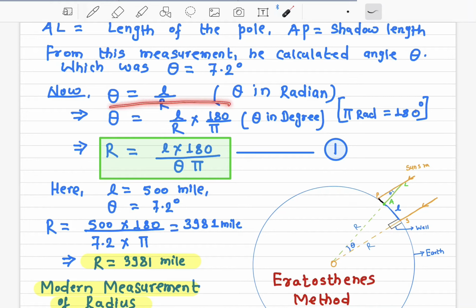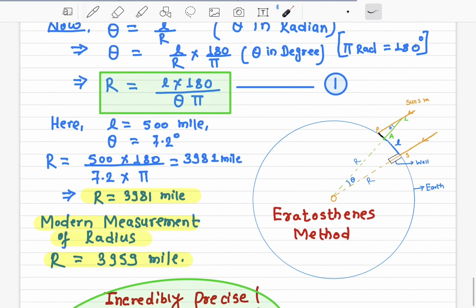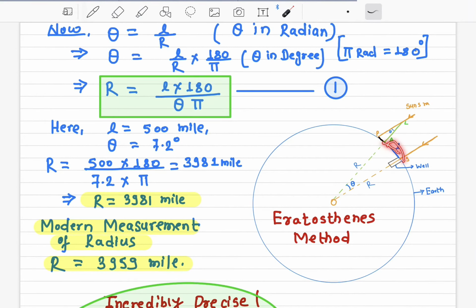Now from this equation, we can solve for R. R will be L times 180 divided by theta pi. L is the arc length, this length here, and theta is the angle, this angle here. Now let's plug in all the values.